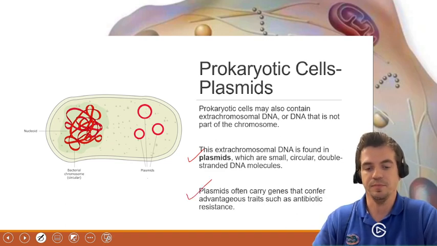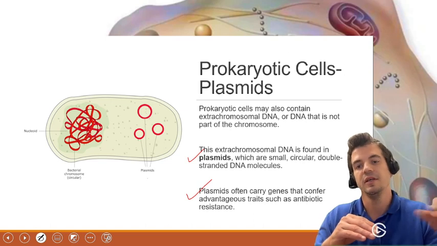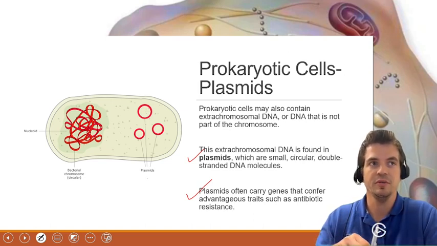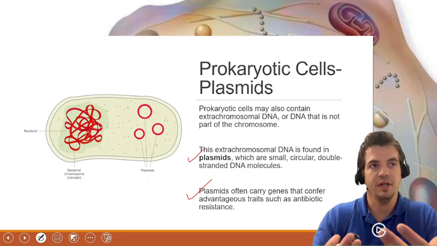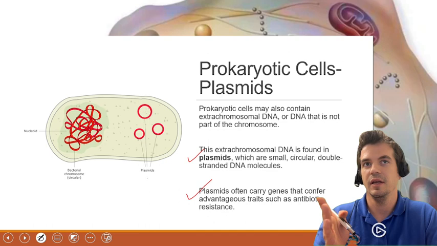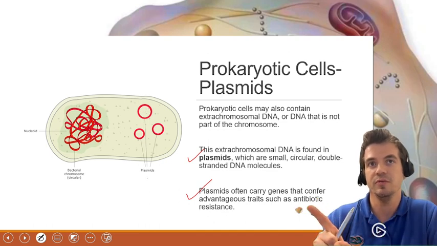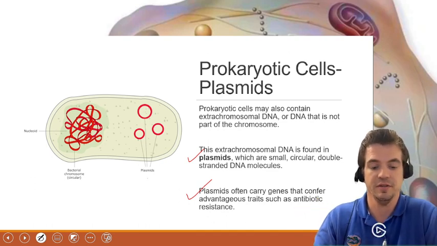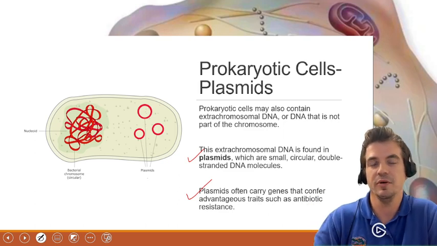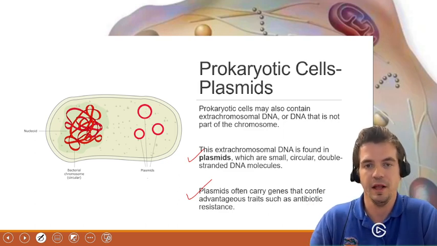These are often passed through the sex pilus of prokaryotes, which lets them get these nice antibiotic resistances, and that is why you don't want to skimp on your antibiotics. You want to complete them all the way through so you don't leave any stragglers who can confer resistance to others.